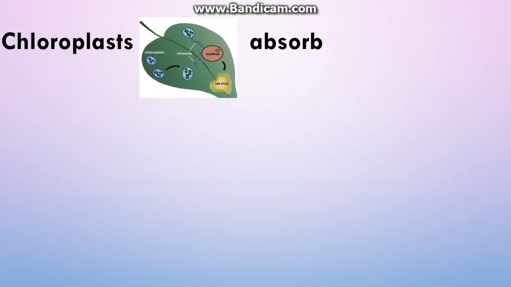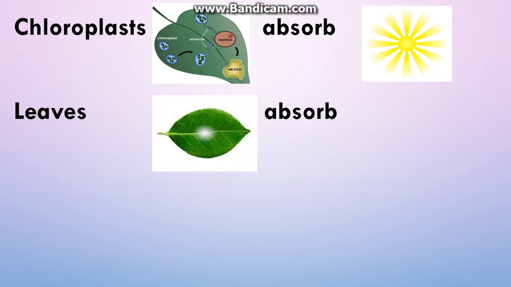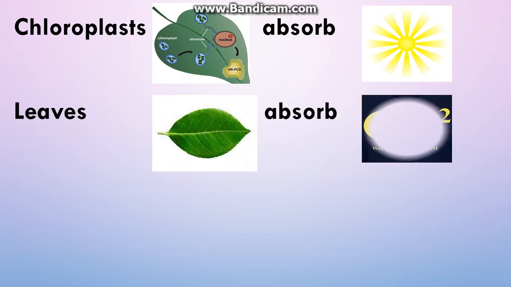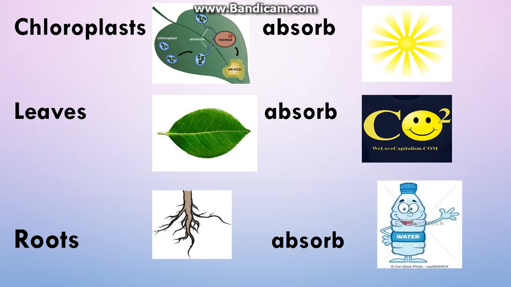As you know from the previous lesson, chloroplasts or green plastids absorb sunlight. Then the leaves absorb carbon dioxide from the air. Then the roots absorb water and salts from the soil.